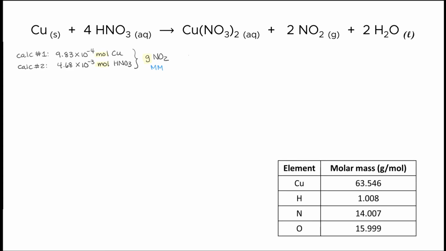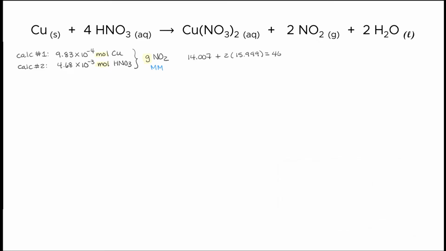We have 14.007 plus 2 times 15.999, rounded to 3 decimal places, gives us 46.005 grams per mole for NO2.